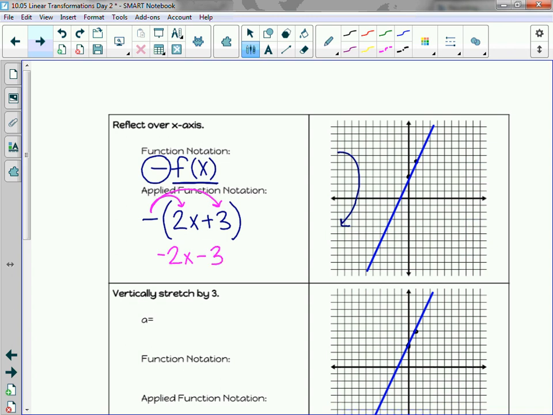Let's graph and see what happens. We're going down 1, 2, 3, negative 2. And you can see that reflection point right on that x-axis. You can see that it reflected over x.